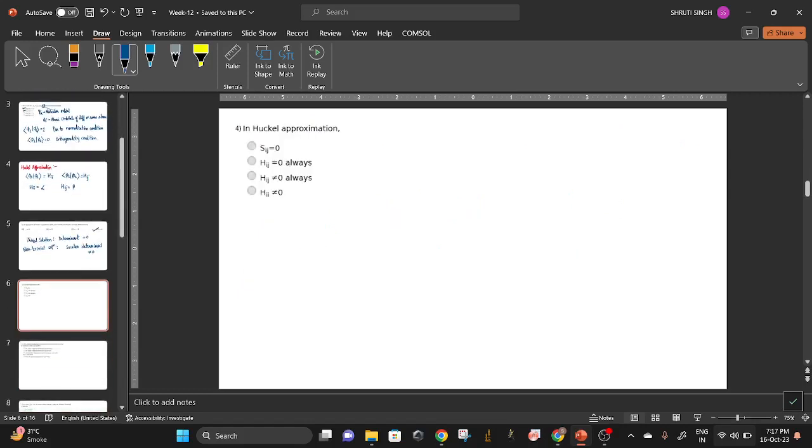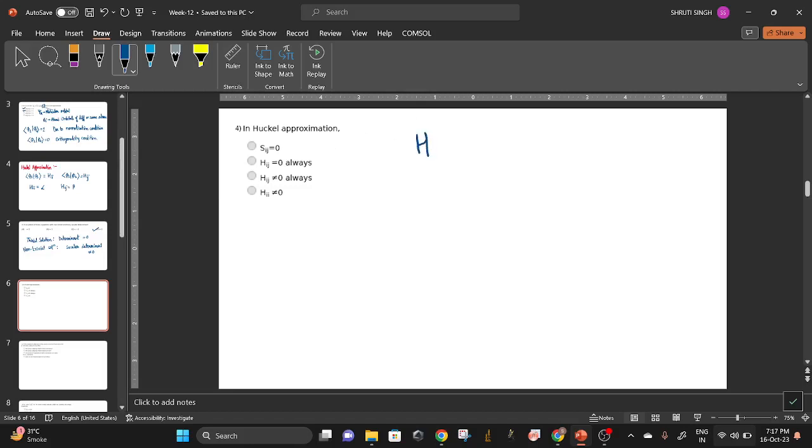Again, the fourth question is about Huckel approximation. The Huckel approximation says S_ij equals 0, H_ij equals 0 always, H_ij is not equal to 0, and H_ii is not equal to 0. This is a single answer question, not multiple select, so we need to choose the best answer.